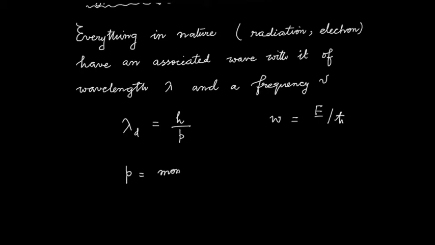It is obvious, but still let me write it down. p is the momentum of the wave, or momentum of the particle. So if I am considering a particle, to calculate the corresponding de Broglie wavelength, I have to use the momentum of the particle, and E is the energy.